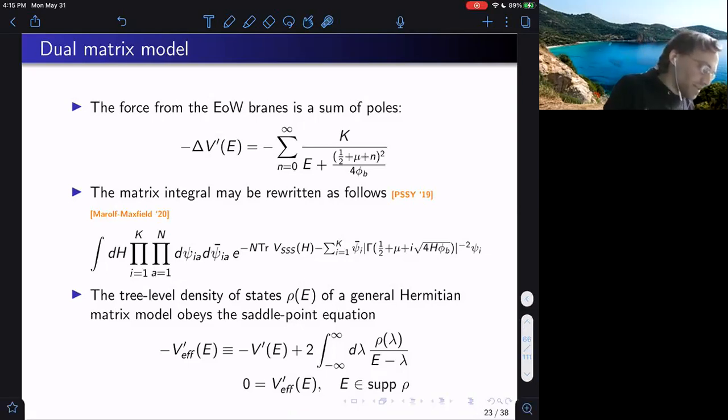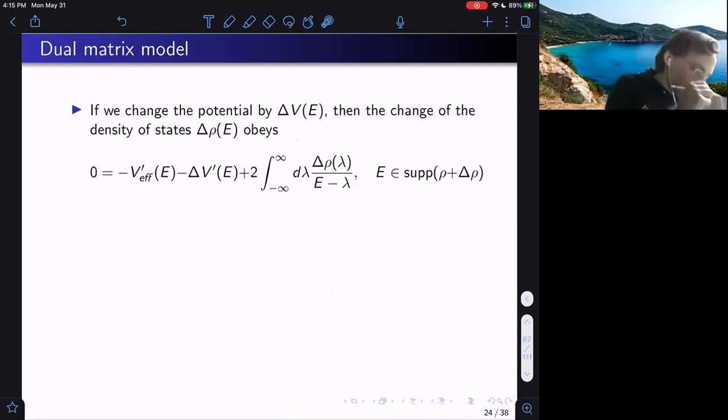Okay, so now we can simply consider this equation where I replace V with V plus delta V. So what do we get? If we change the potential by delta V, then the change of the density of states, which I call rho of V, will obey this equation over here.